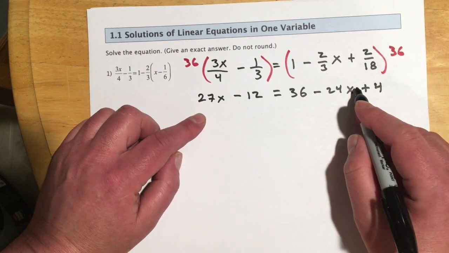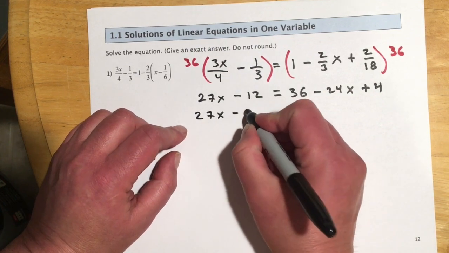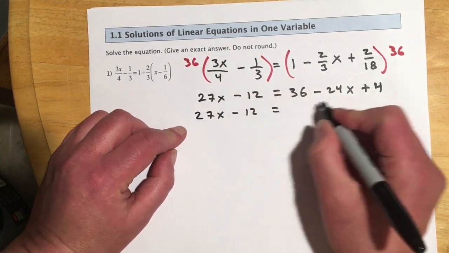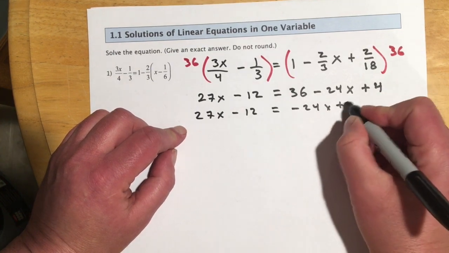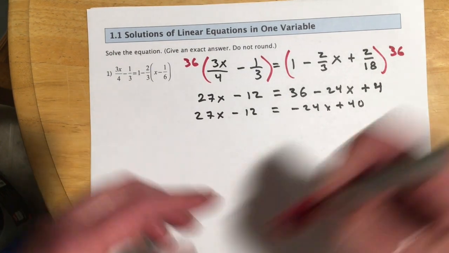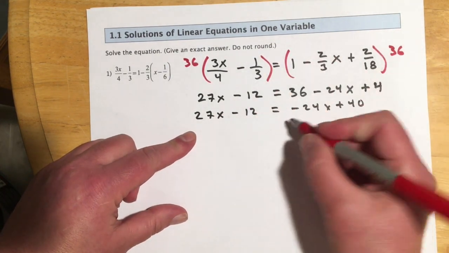So now we have this. I would probably collect my like terms first, and then I'll get x's to one side, numbers to the other. So this will be minus 24x plus 40. So I'm going to bring x's over this way, numbers over that way.